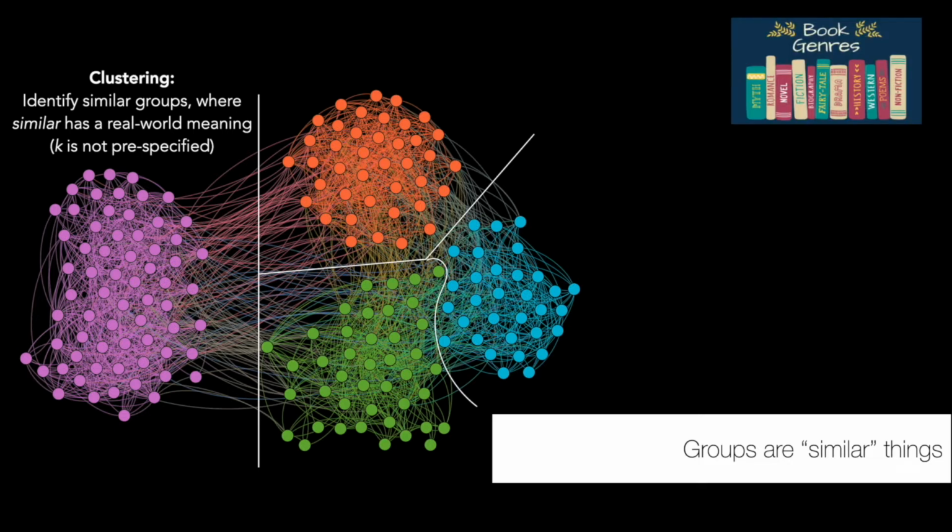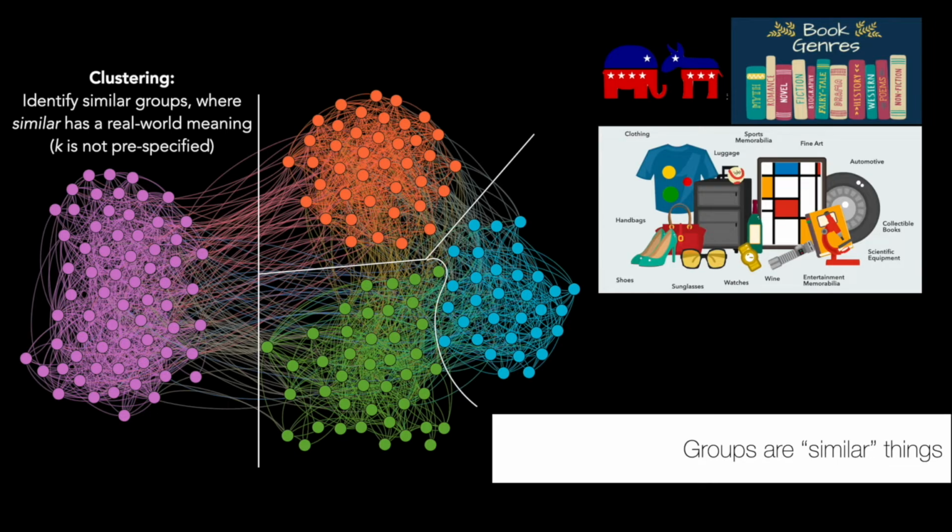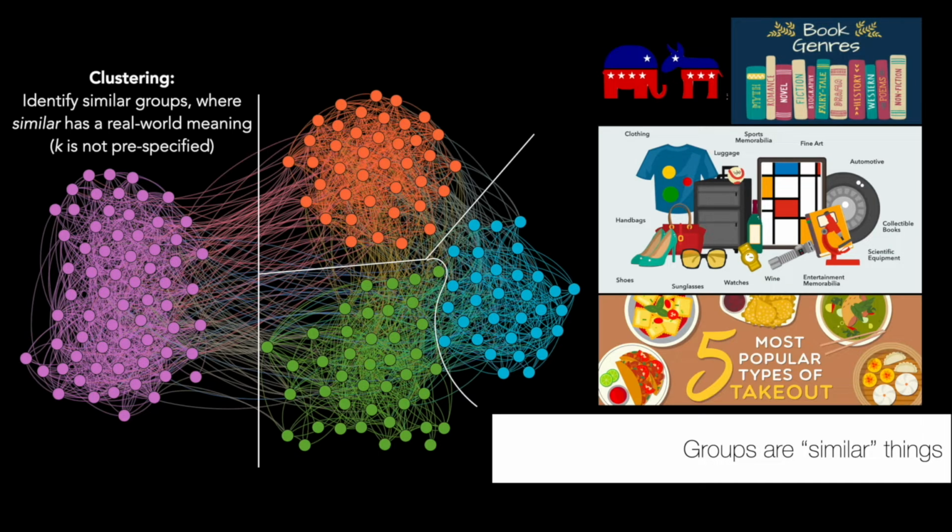Now, whether that means they're things of the same genre, people of the same political persuasion, products of the same kind of category on a shopping portal, or food from similar kinds of takeout, it's not specified what that similarity means, but these are all ways where you might group things into sets of similar kinds of items. And there can be very many different ways to group based on your particular needs.